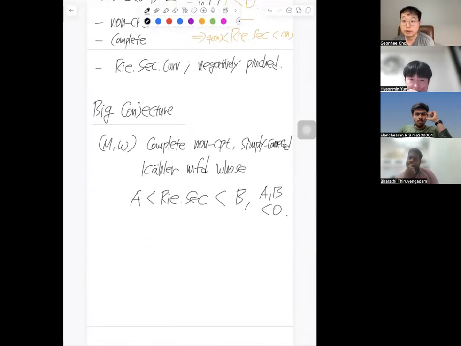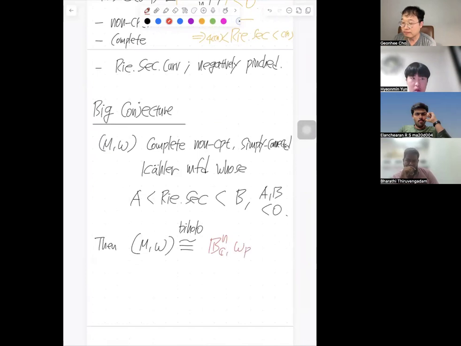What do you expect over here? Then this M, omega is biholomorphic to what? So it could be very ambitious that you'd like to say this is the same as this. Does that kind of make sense to you? But this could be so strong. Because nobody was able to prove it, one should weaken this result.